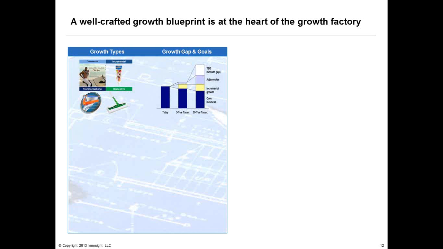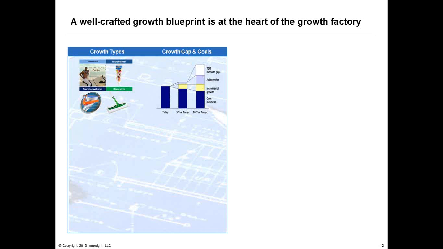The second component of the blueprint is translating those categories or those types into a set of financial goals. So projecting over time what's the mix across those different types and how they're going to contribute to your top and bottom line in future years.